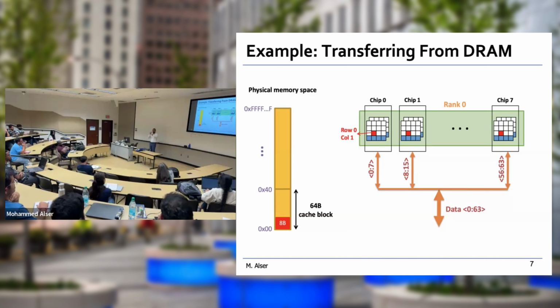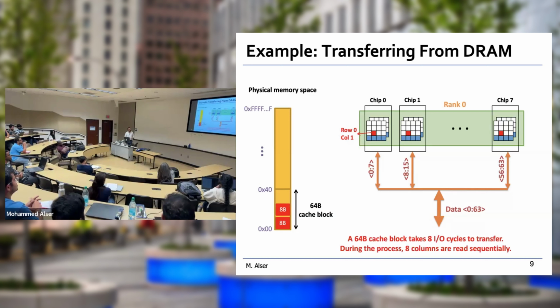So every time I'm requesting row 0, it's a hit. It's not a miss. So I'm saving a lot of time by not closing the row and doing the pre-charge, right? So I'm accessing the same row. However, the column address is different this time. So using the multiplexer, I can switch between the columns of the same row. Now I get the next 8 bytes and keep going until I get the 64 bytes.